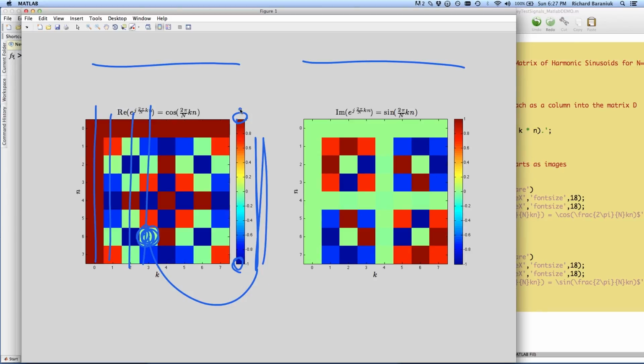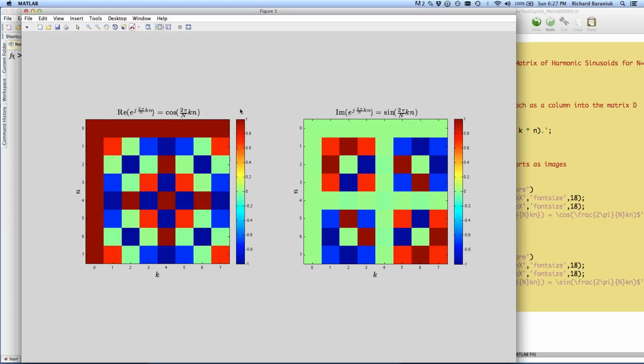It's very interesting to look at these matrices. The first thing that we see about the real part matrix is that the first column, or the first sine wave, for k equals 0 is in fact all the value 1, and we know that is the case.